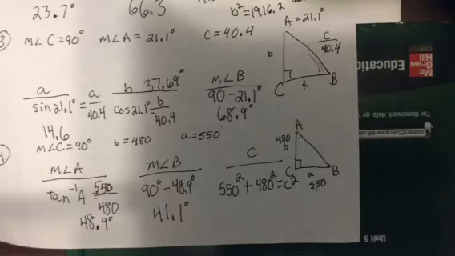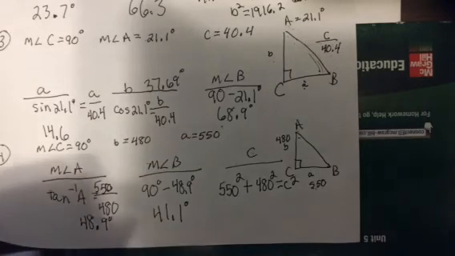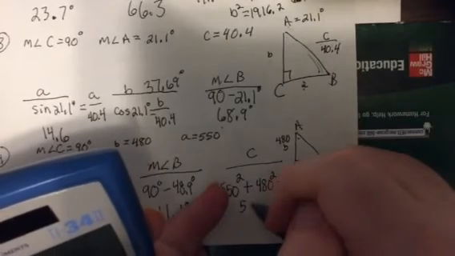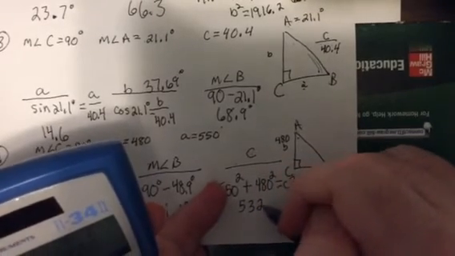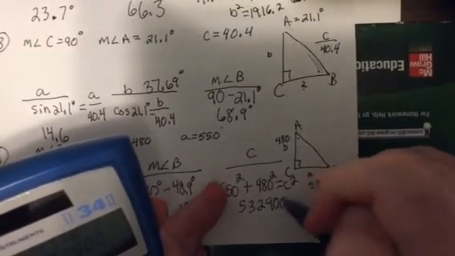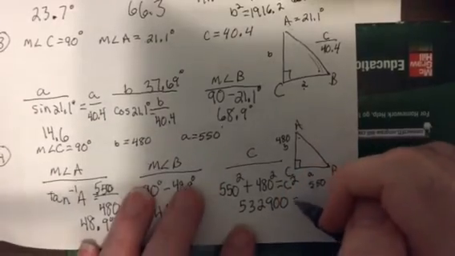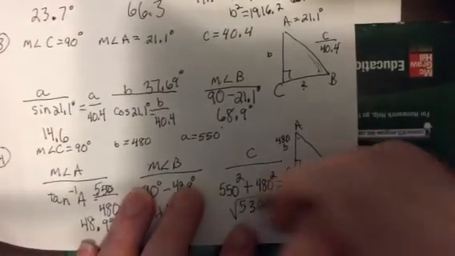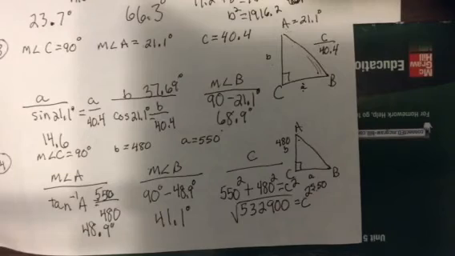So we have 480 squared plus 550 squared equals, and I get 532,900. And I'm going to square root that.